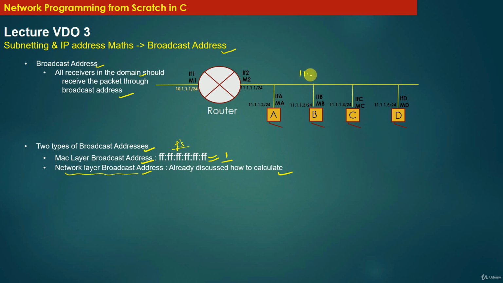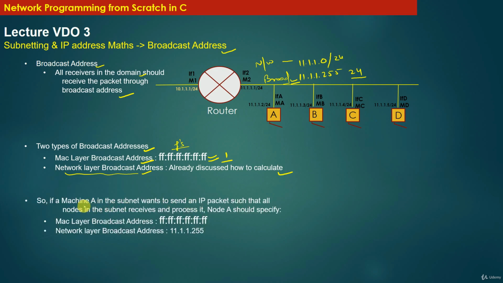The broadcast address will be 11.1.1.255/24. And of course, the network ID will be 11.1.1.0/24. This is the network ID, whereas this is the broadcast address for this subnet.